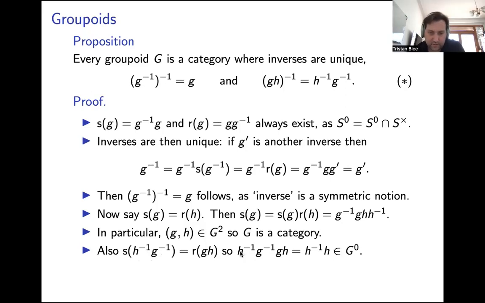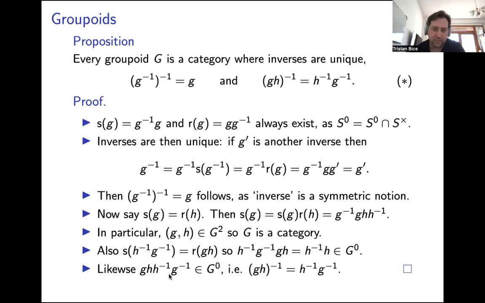So this tells you that indeed H inverse G inverse GH is a unit, and pretty much the same kind of argument shows you the same thing for the product the other way around. So indeed, the unique inverse of GH has to in fact be H inverse G inverse. And so this is exactly what you would expect from groups. We're just dealing with this slightly more general context where we have a partial product.